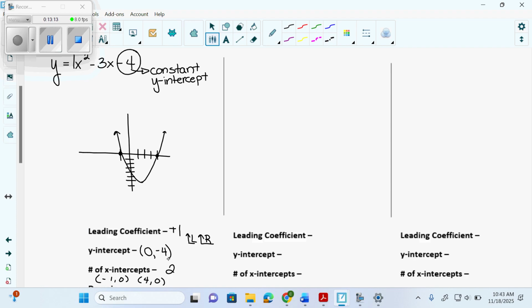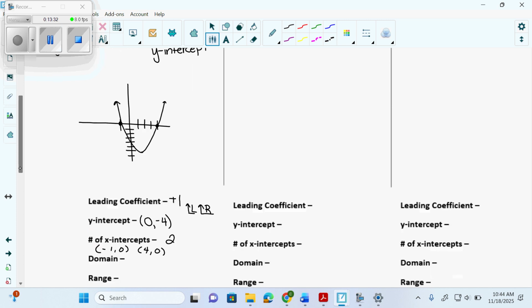Okay, this graph is not disco-ing, yes? When it disco-s, it's x is an element of the reals, y is an element of the reals. This one doesn't disco. It's a quadratic, so what's its domain? It keeps going out for life. X is an element of the reals. So our domain for every quadratic, unless it's a word problem, is x is an element of the reals.